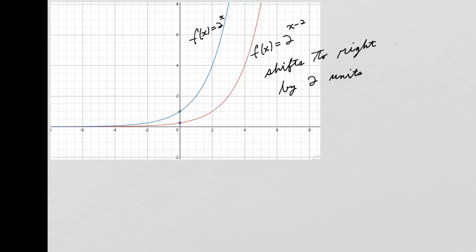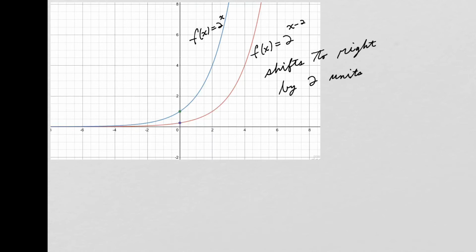But the other way to think about this is it really just changes the initial conditions, right? It changes the a. So for that original graph, where it was 2 to the x, the a is going to be 1, because remember, the a represents the y coordinate of the vertical intercept.